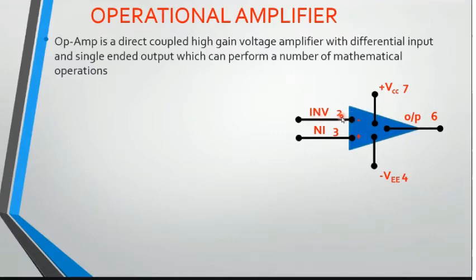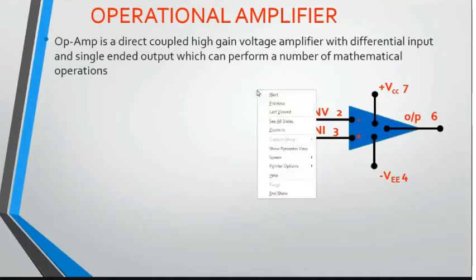This is pin number 2 and it is the inverting terminal. You can see it has a minus sign. Minus sign means whatever signal you give here will get inverted when it goes out to the output, with a 180 degree difference.